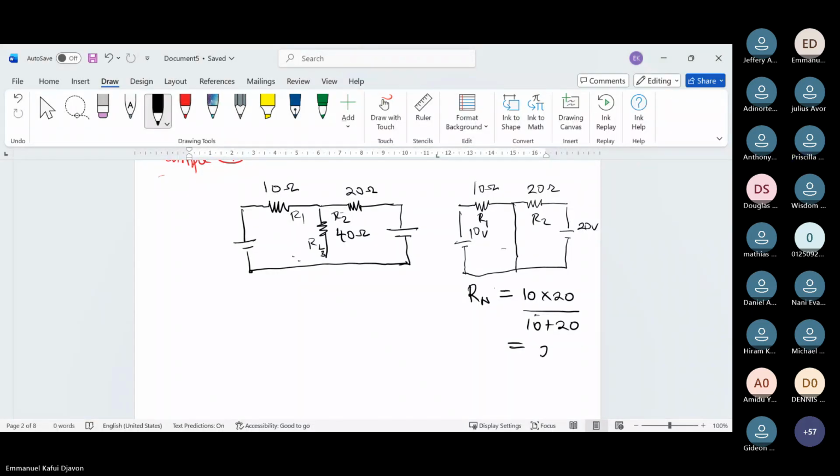Then Wisdom, 10 plus 20 is what? 30. So when you divide, you get 6.67 ohms.